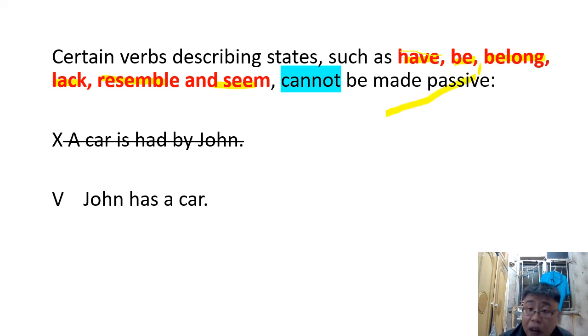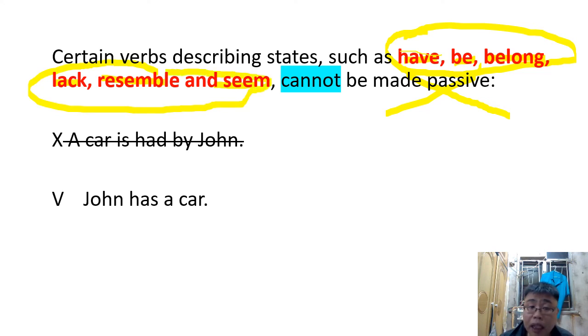Never, never, never. If you see these verbs, okay, repeat: don't use passive voice. Here, "A car is had by John." Okay, the main verb is "had," that means "have." No, don't use the passive voice. We can say "John has a car."